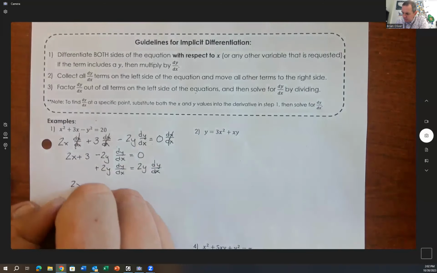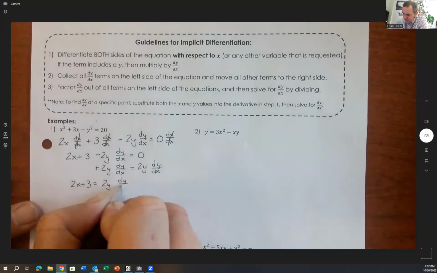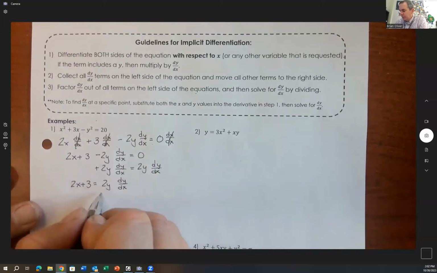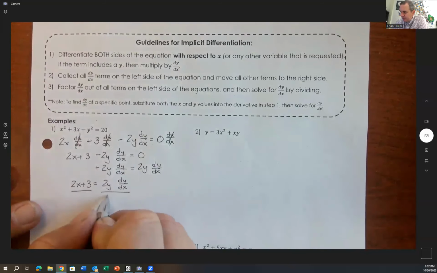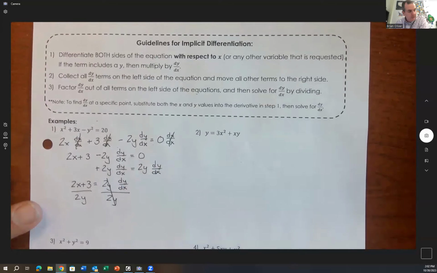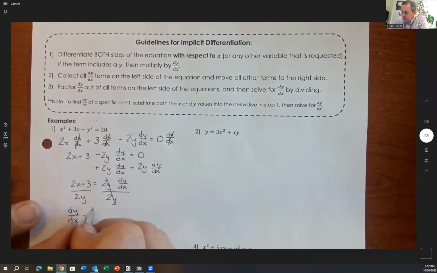I end up with 2x plus 3 equals 2y dy/dx. Now I solve for dy/dx by dividing both sides by whatever is not dy/dx. So we end up with dy/dx equals (2x plus 3) over 2y.